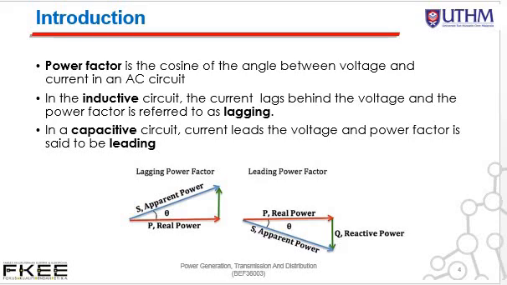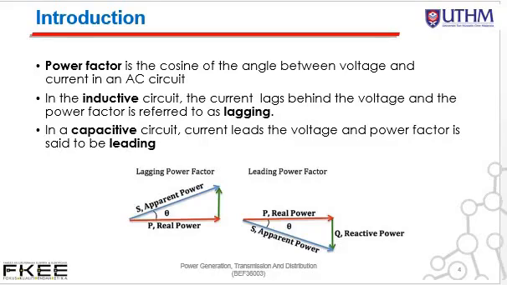The lagging power factor is produced in an inductive circuit, while the leading power factor corresponds to a capacitive load. A unity power factor occurs when the current and voltage are in phase, as if the circuit is holding a purely resistive load.